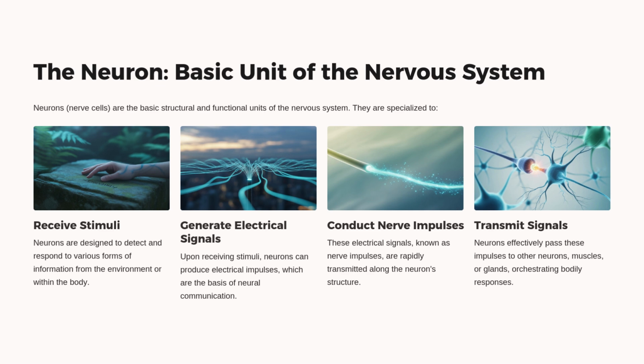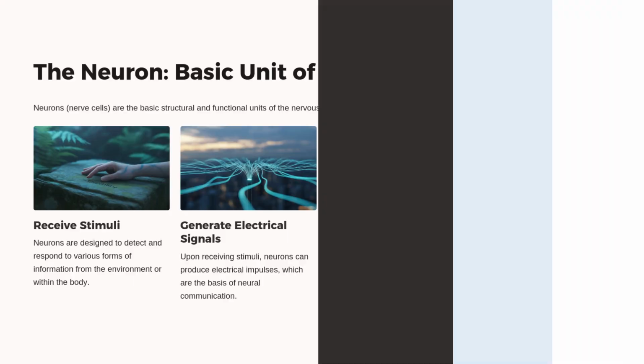Upon receiving stimuli, neurons can produce electrical impulses, which are the basis of neural communication. Conduct nerve impulses. These electrical signals, known as nerve impulses, are rapidly transmitted along the neuron's structure. Transmit signals. Neurons effectively pass these impulses to other neurons, muscles, or glands, orchestrating bodily responses.